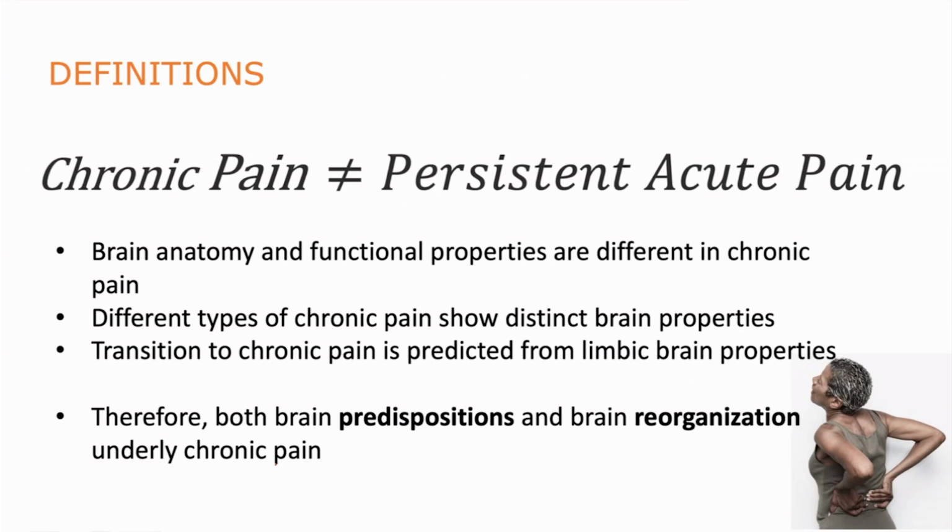Overall, we think of chronic pain as having risk factors in the brain that identify who in the future will develop chronic pain, and brain reorganization, which are adaptations of the brain to the suffering of chronic pain itself. Both are properties that put the brain in a uniquely different state that clinicians know very well becomes very hard to treat and very hard to reverse.